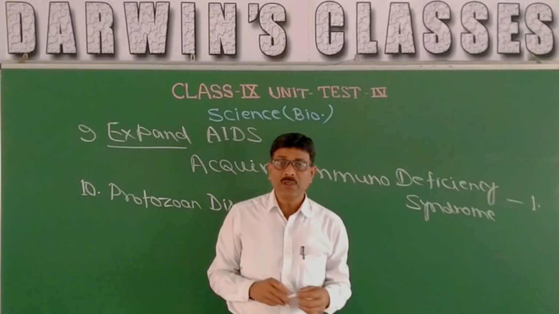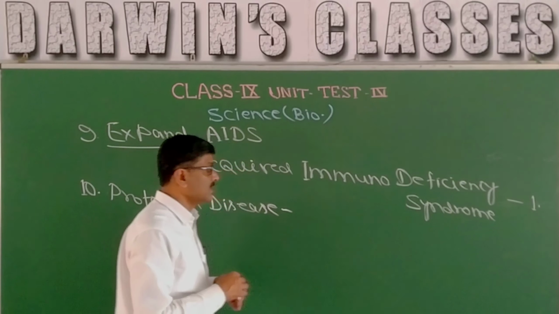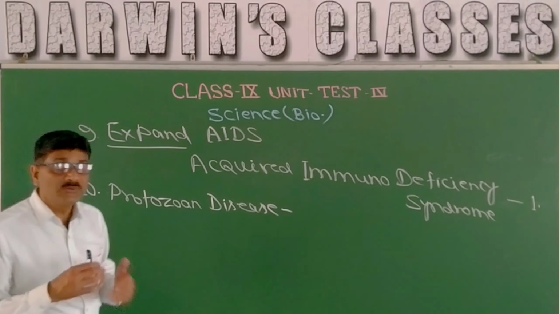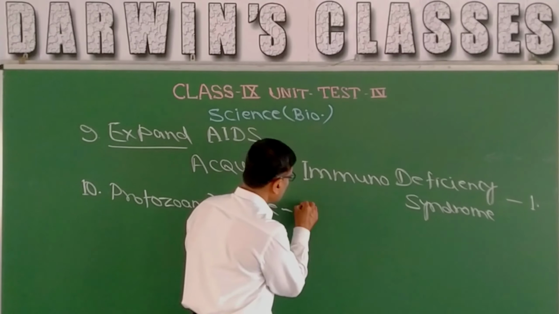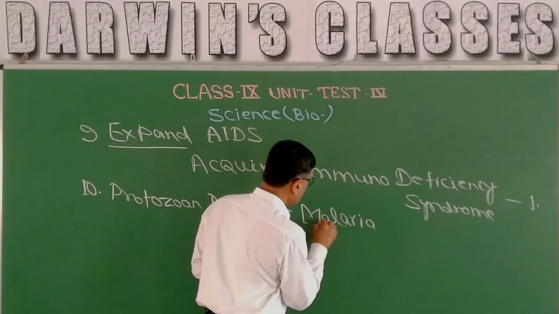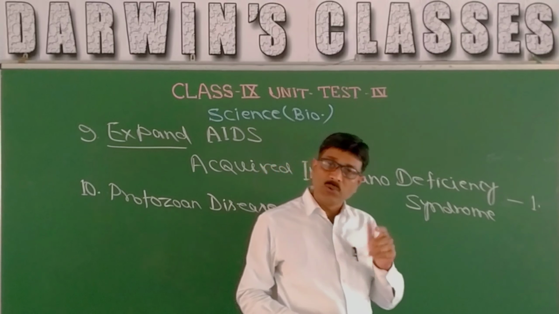Plasmodium is a protozoan, and it leads to the disease malaria. We have to write down the name of the disease, therefore it will be malaria. You have to write down only one because it was for 1 mark.